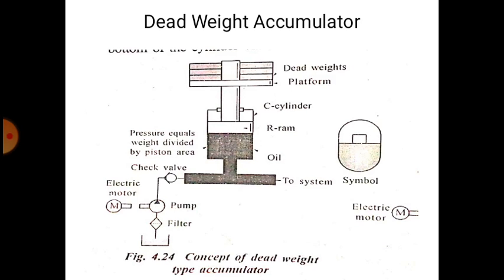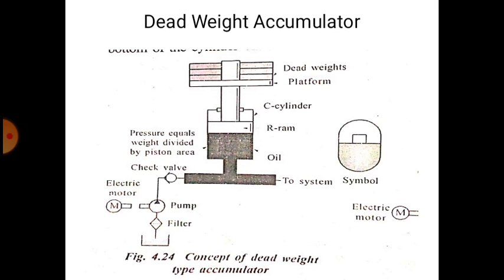Here we can see again the reservoir, filter and pump. Pump discharge is moving towards the accumulator and actuator. To system means towards the actuator. Now when you start the pump, the accumulator is going to be charged and will store the energy.